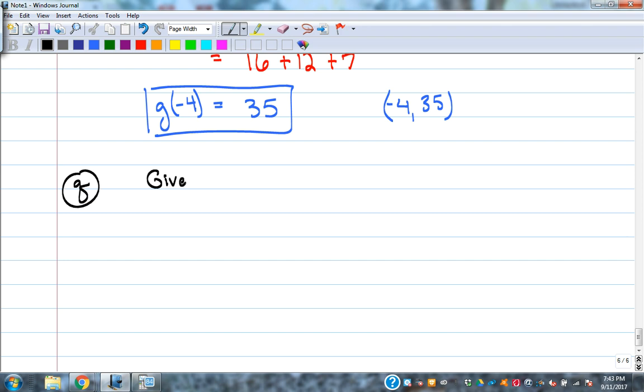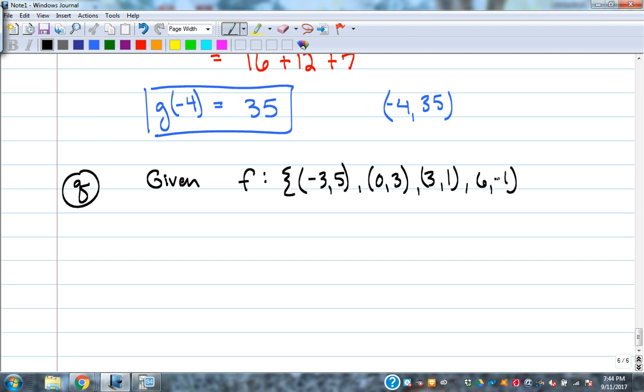If you're given f and then a set, (-3, 5), (0, 3), (3, 1), (6, -1). That's a function in set notation, not equation form. That's weird. But then they ask you to find f of 3.